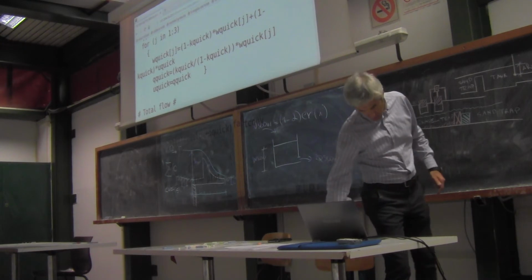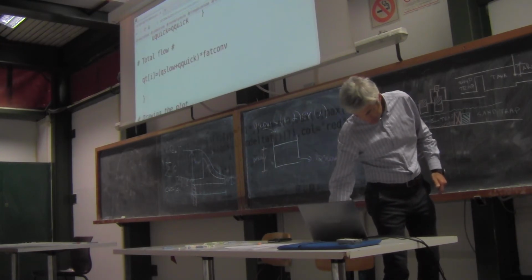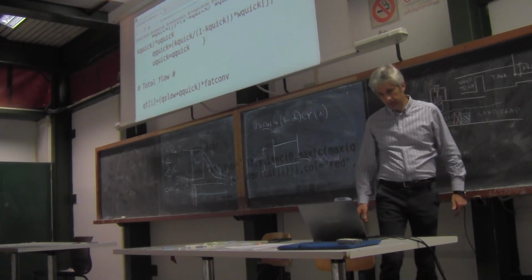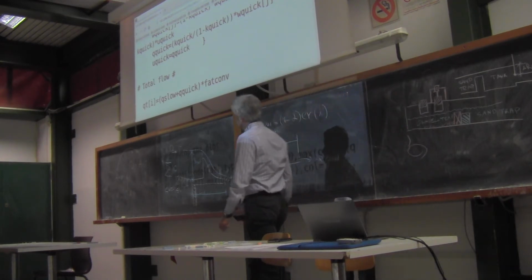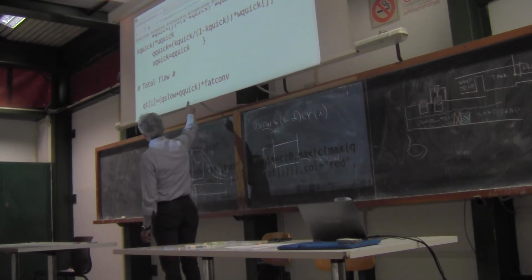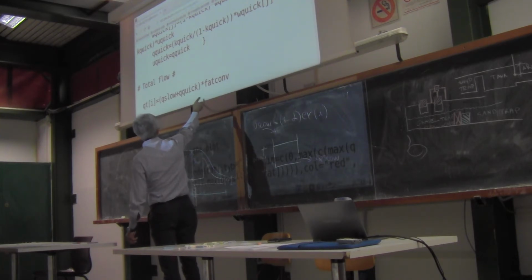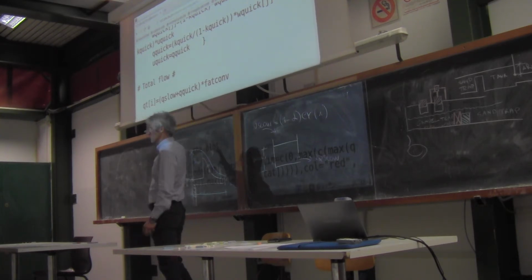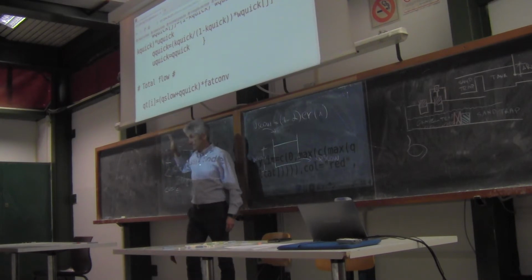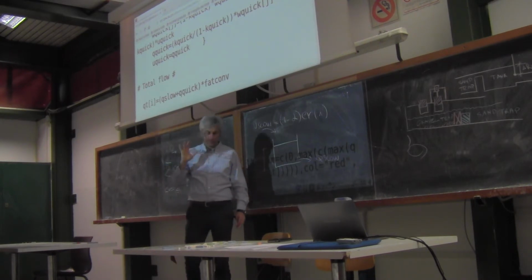Okay, now let's move forward. And then we get to the total flow. The total flow is given by Q slow, slow component, plus quick component, times the conversion factor. Okay.